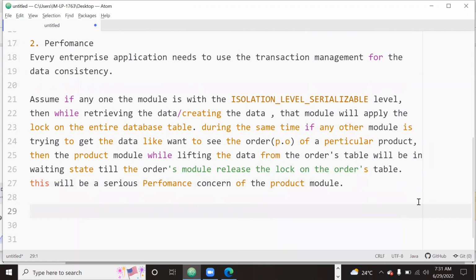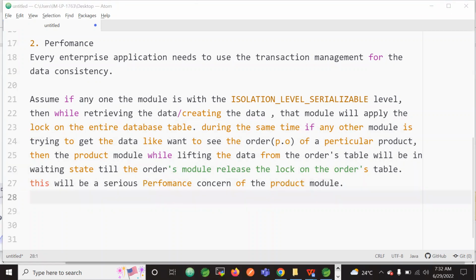Most of the times, when we click on the view purchase order of a particular product, the product module will always be in a waiting state. Rather than giving the data, it will always spin, meaning the browser will show spinning, but no products or no product orders will be displayed. So that is the serious performance concern.